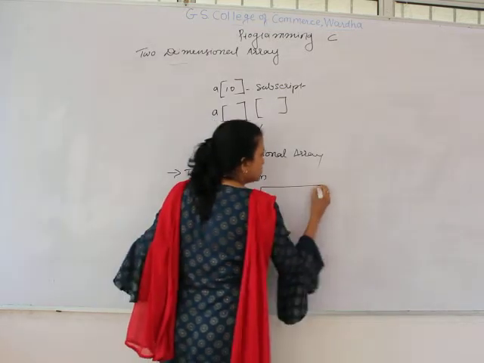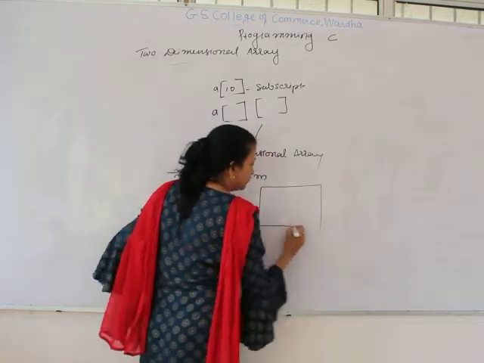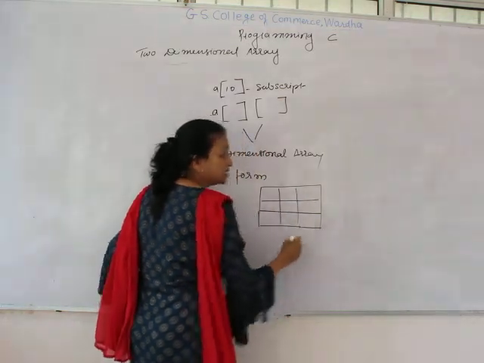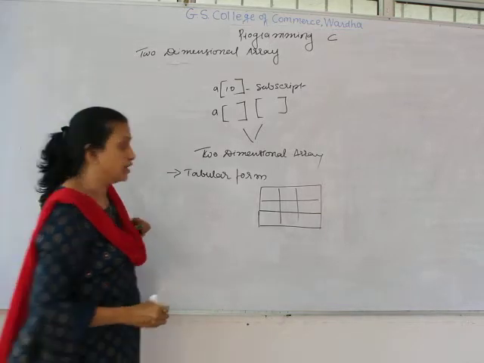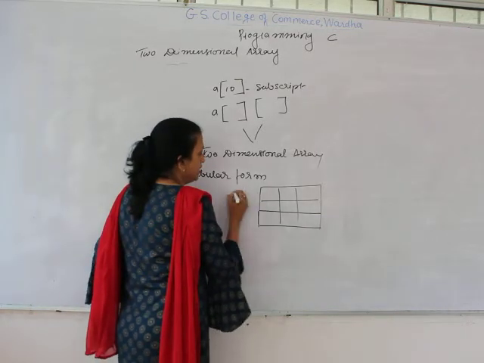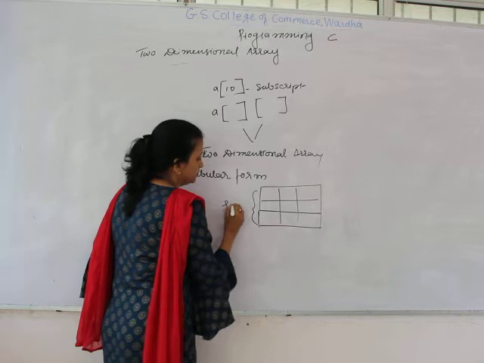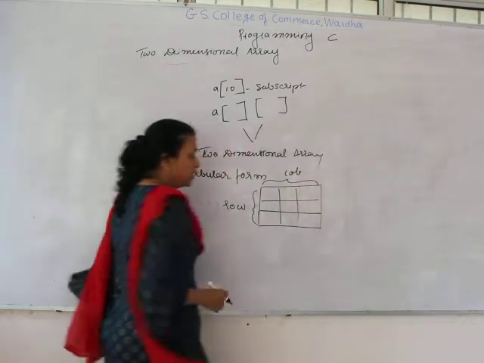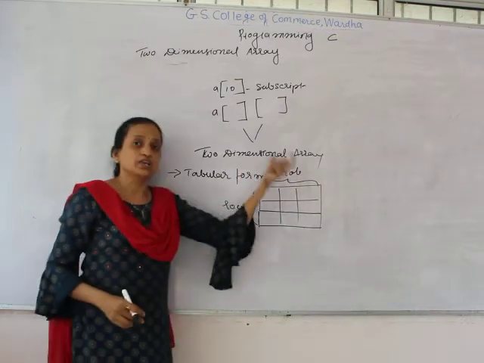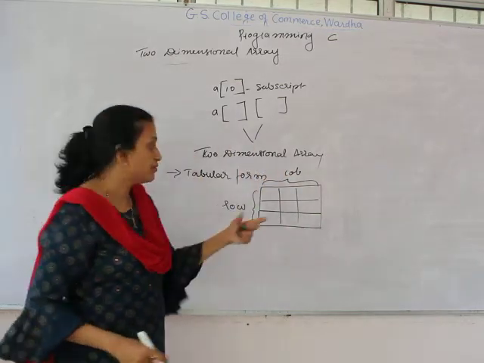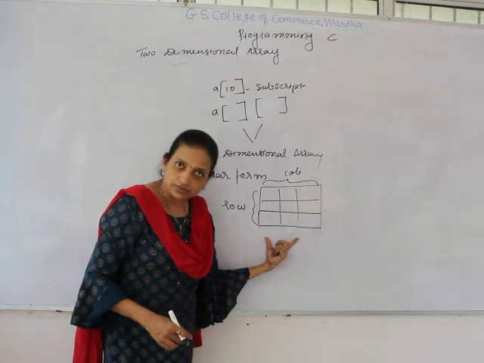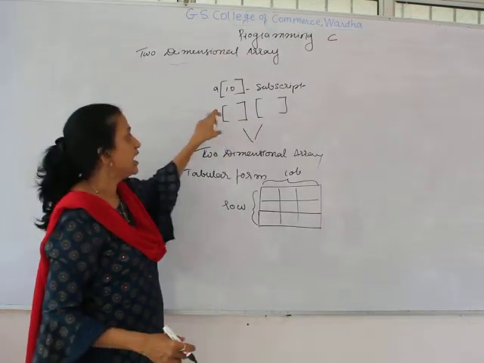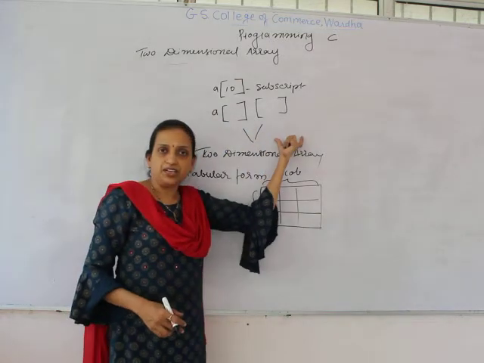When you want to store the value in the tabular form, suppose this is the table. The table consists of rows and columns. These are rows and these are columns. If you want to store the value in the tabular form, then you have to declare the array with a double subscripted value.